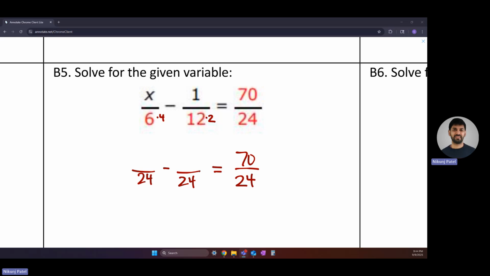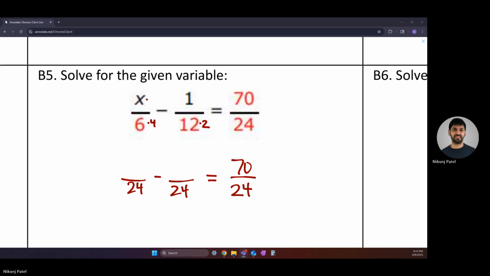But I do need to adjust these first two fractions. 6 times 4 gave us this 24, so this is going to end up being x times 4, or 4x. 12 times 2, 24. So I need to do times 2 up here as well.